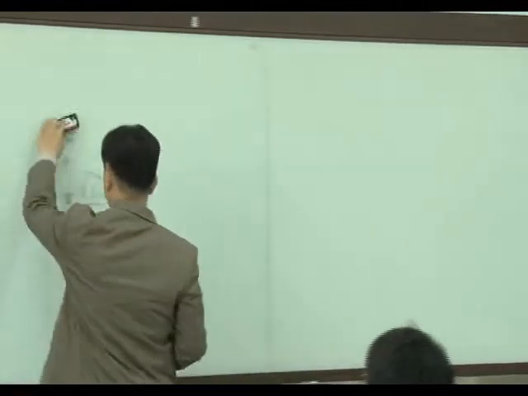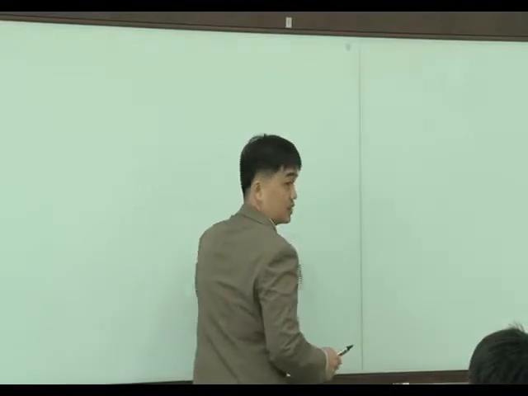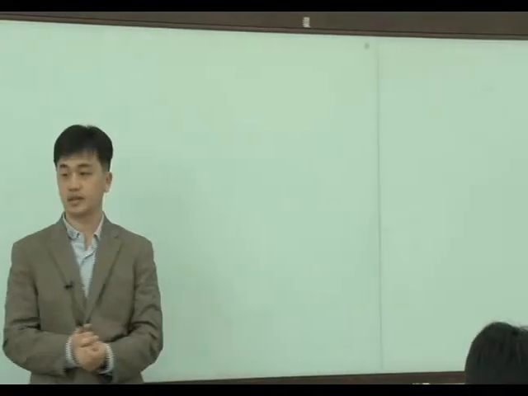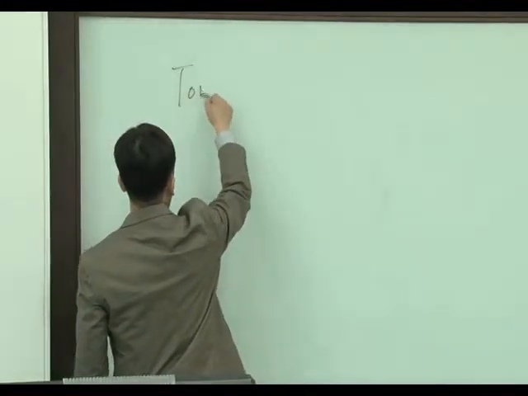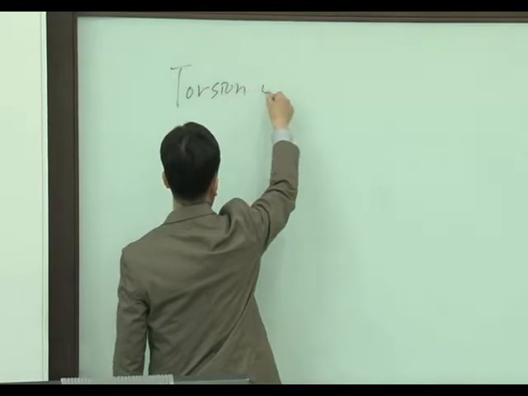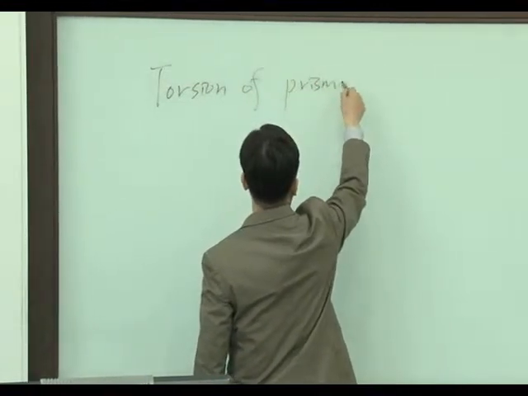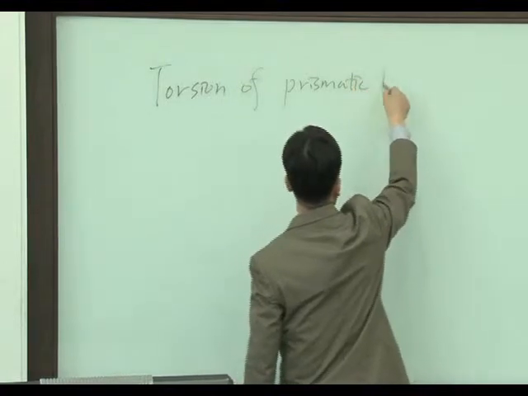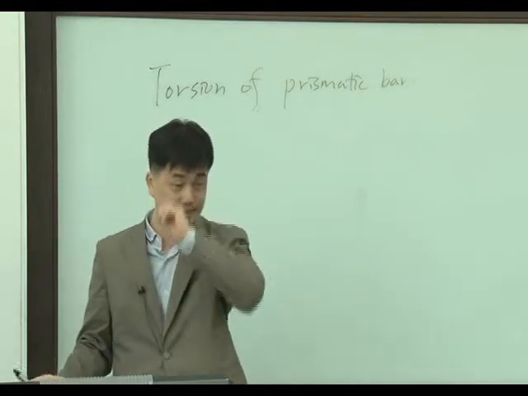The member is twisted. The theory is more complicated than bending and stretching. Torsion of a prismatic bar. So this is today's subject.